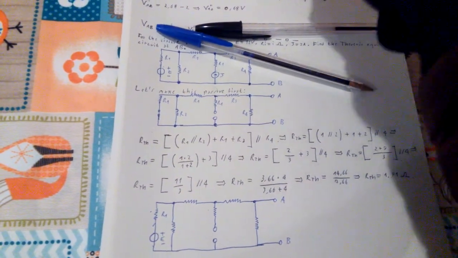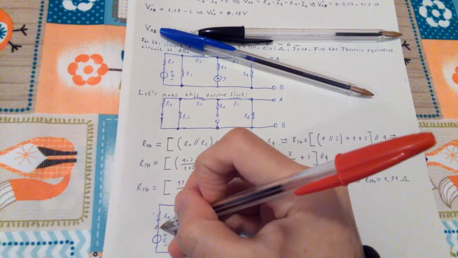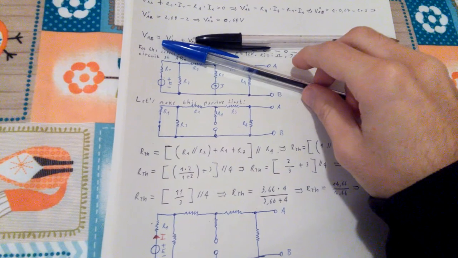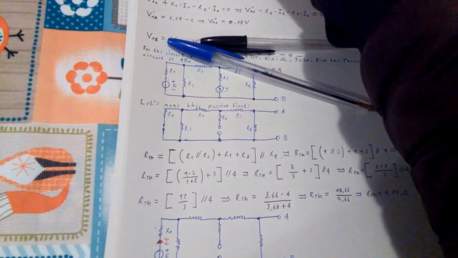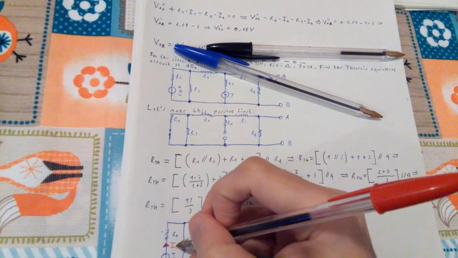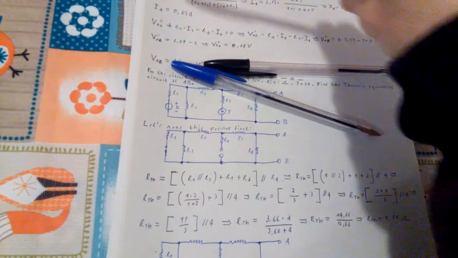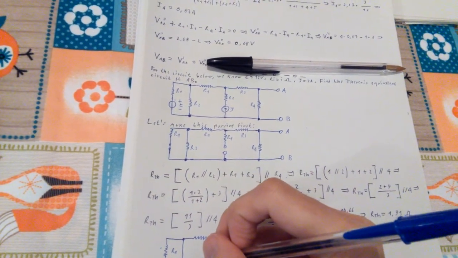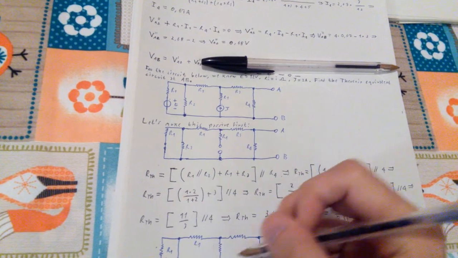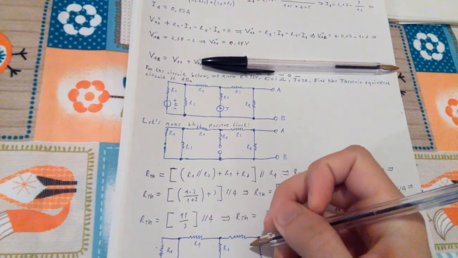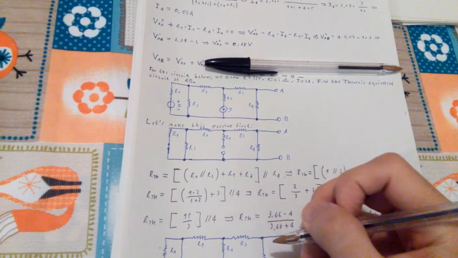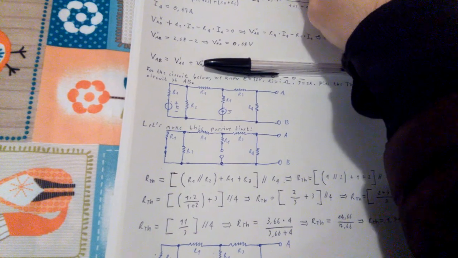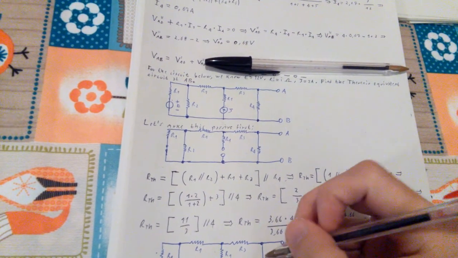I'm going to use red for the current to say that this is I total. These are R2, R1, R3, R4, and I'm going to consider this I first R4.